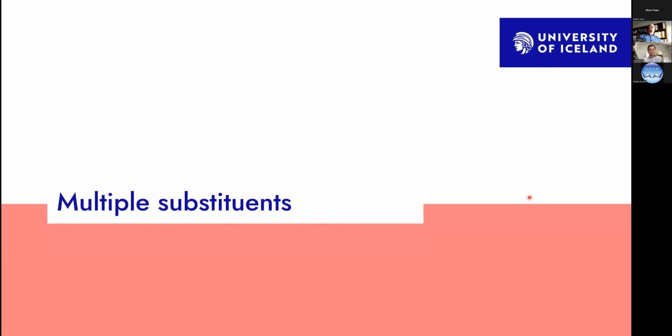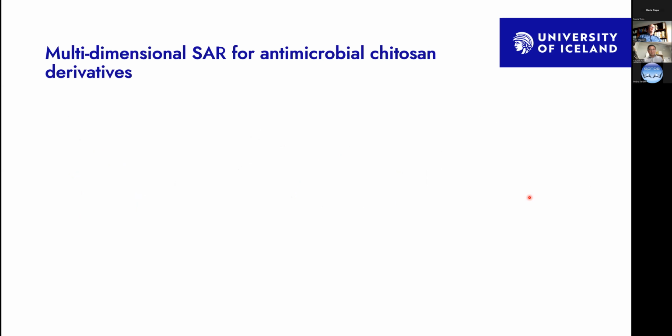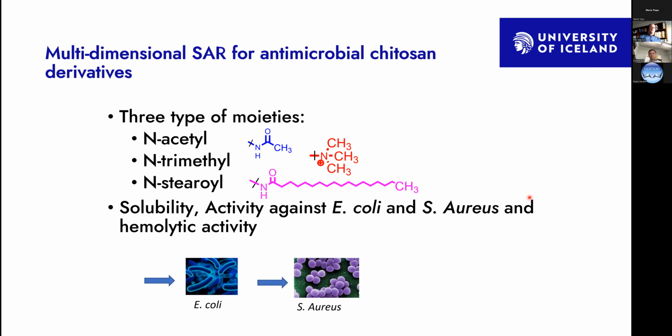And for multiple substituents, we study solubility and activity against E. coli, S. aureus, and hemolysis, which is like a proxy for toxicity in this study.